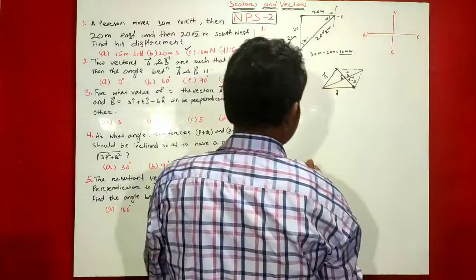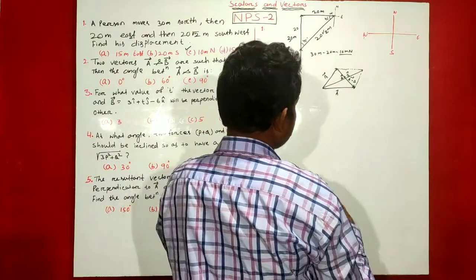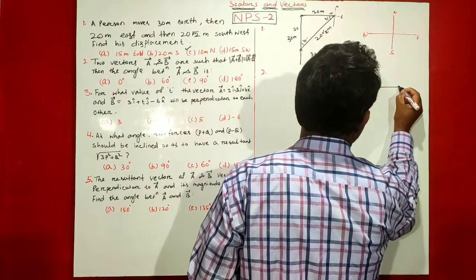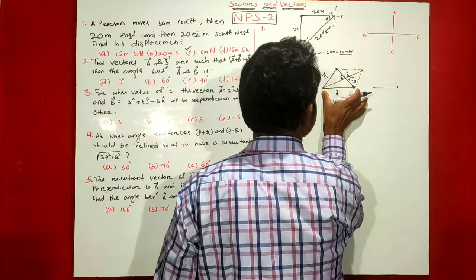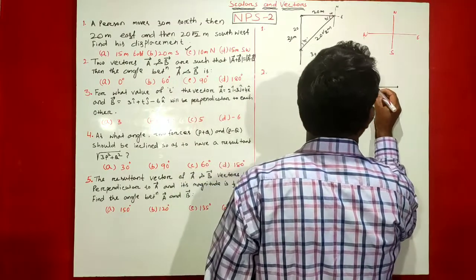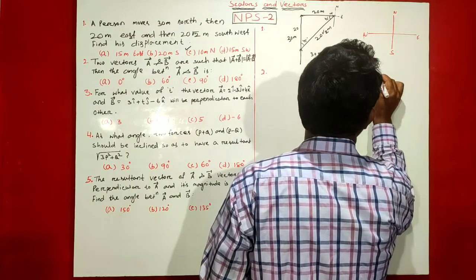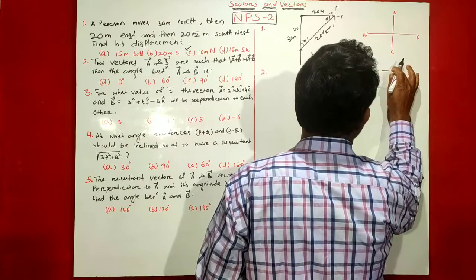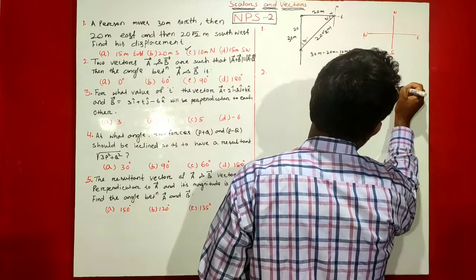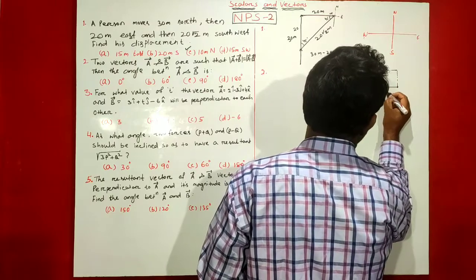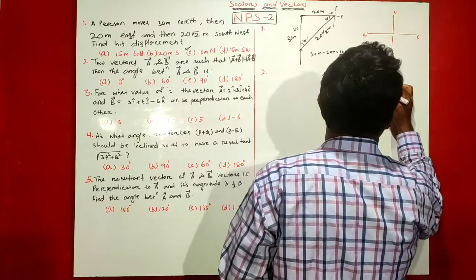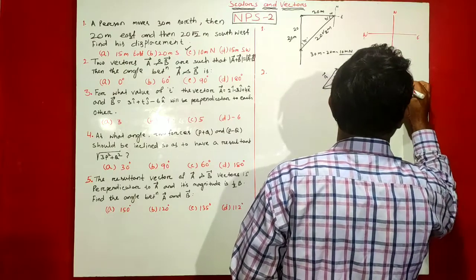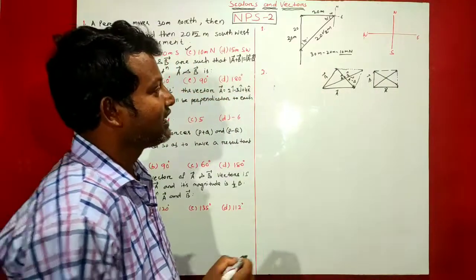That means we convert this parallelogram into a rectangle, and there the diagonals will be equal.